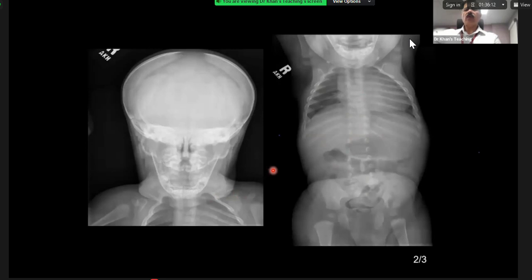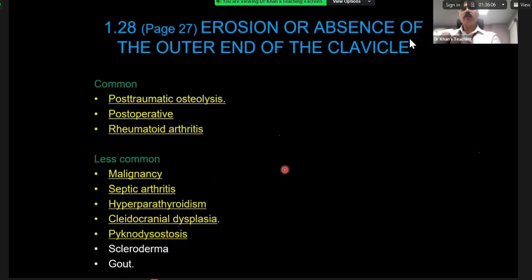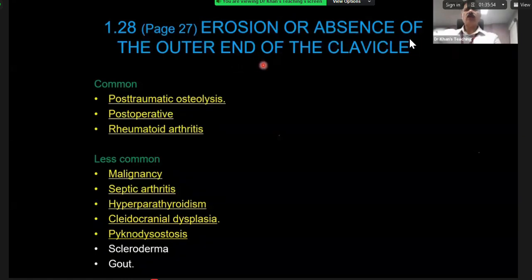So now comes the art of differential diagnosis. The first diagnosis is, in your Chapman, 1.28, page 27 in the new edition: erosion or absence of the outer end of clavicle. These are the most common causes, which we will see examples of later on.